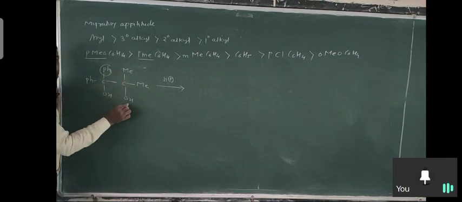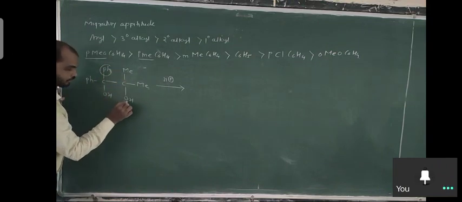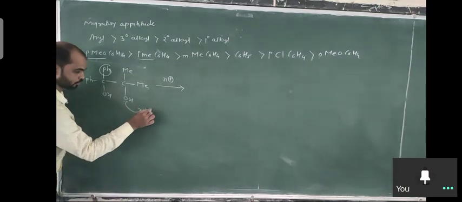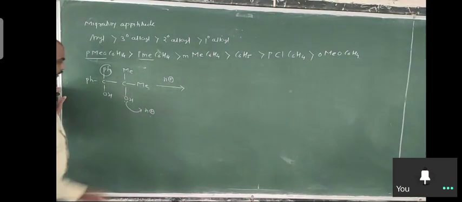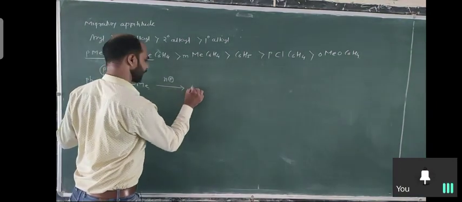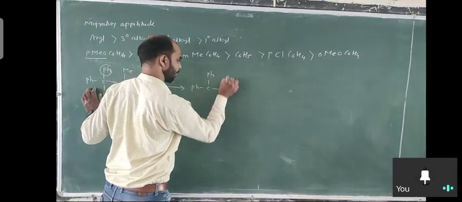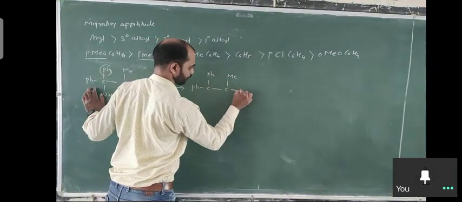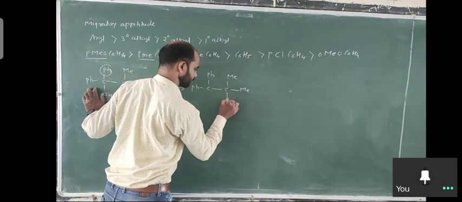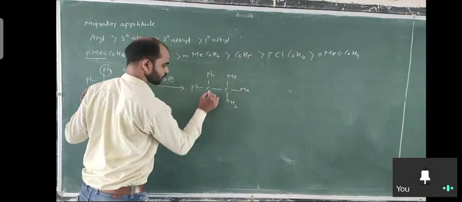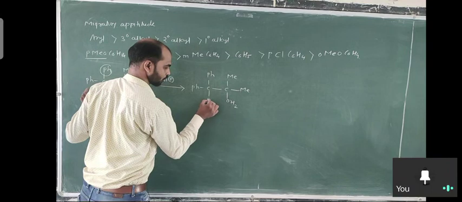So do the protonation here first. Okay. So here is the protonation. After that, Ph2C, Ph, Me, OH2. Here is the OH.